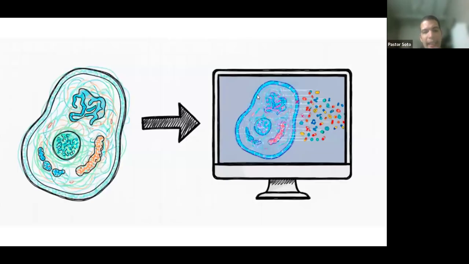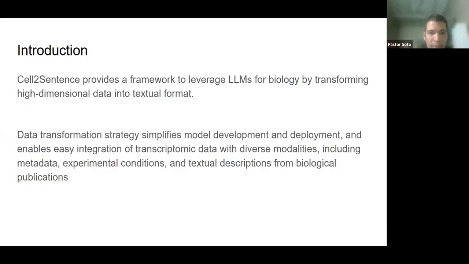So basically, it's like getting a digital twin of a cell. They are able to take the information of the cell and have it in a virtual environment with the LLMs, and start to test different things with a natural language model.